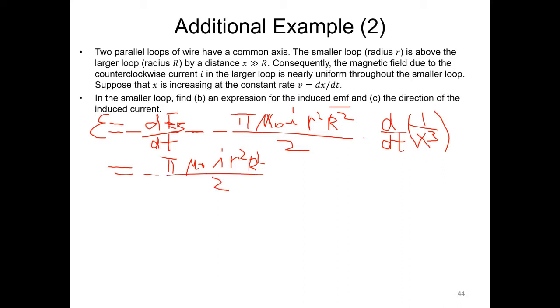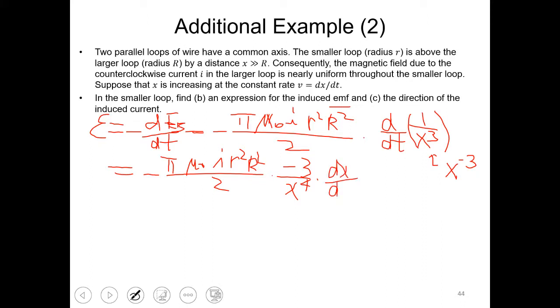The derivative of this term you can write as x to the minus 3. So it is minus 3 over x to the 4th power, and don't forget the chain rule, dx dt.